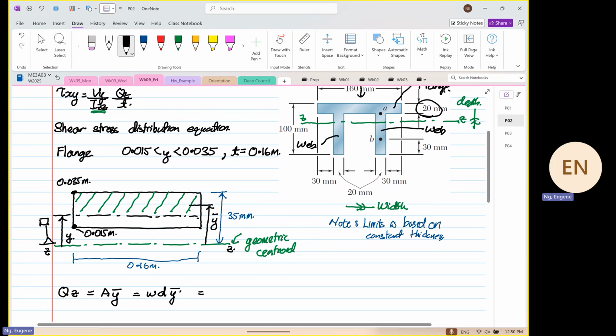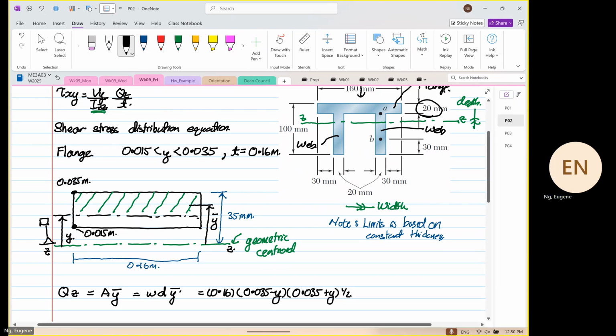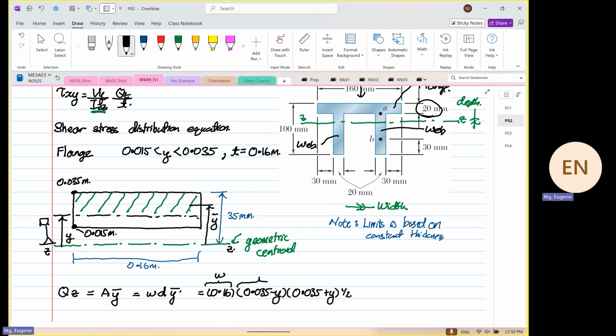So from here, our width is equal to what? Our width is a constant, is equal to 0.16. Our depth is equal to 0.035 minus y. And then the Y bar is equal to 0.035 plus y, and then we multiply by half. So this over here is our width. This over here defines our depth.